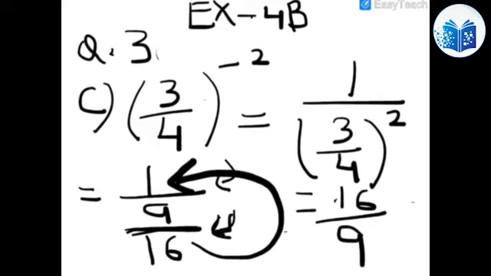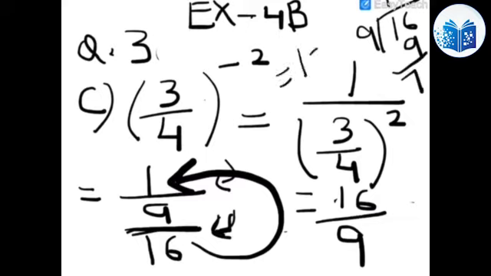Now what will we do? We'll divide it. 9, and we are left with 7, and it will become the mixed fraction 1 7 by 9. This is the answer.